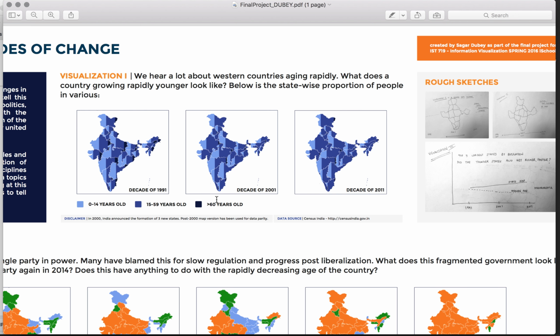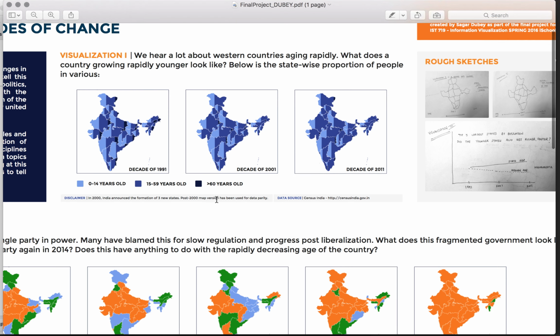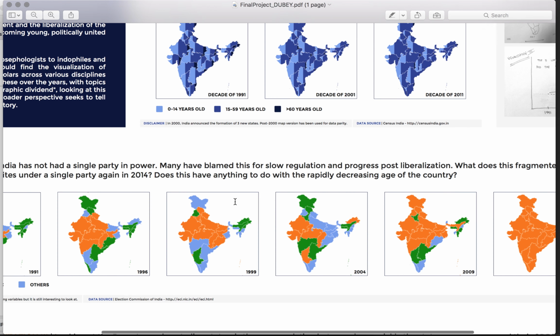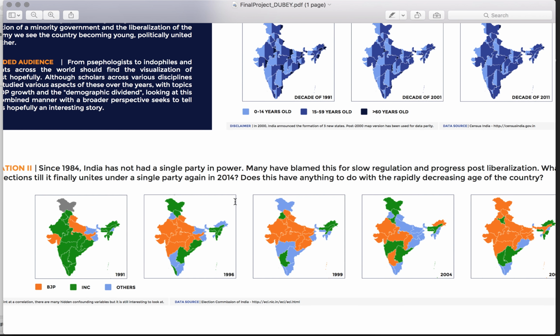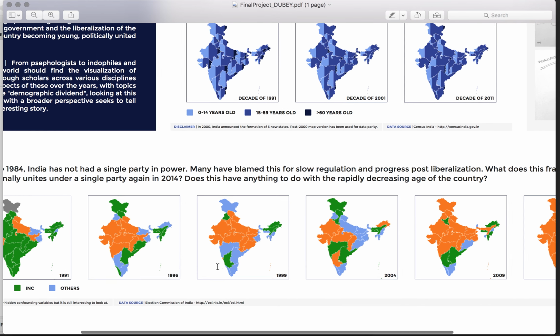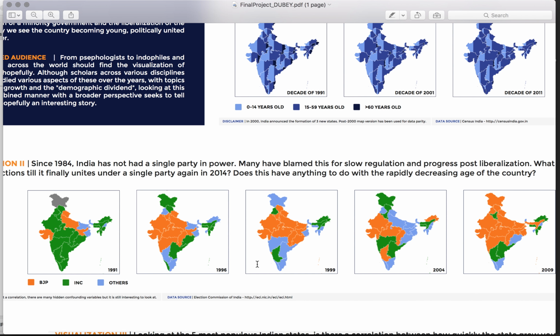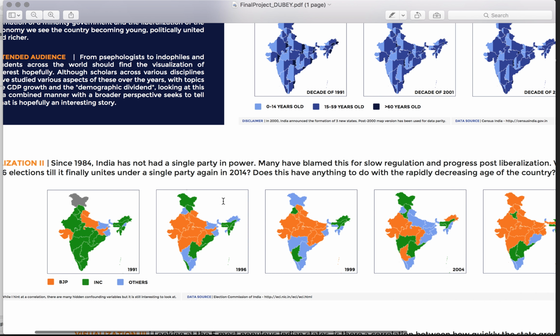This means that no single party had command of the parliament, and thus regulatory issues were subject to immense hurdles. Through this visualization, I have attempted to show what it looked like between 1991 and 2014 as these elections went by, and how there is a possible correlation with the age of the country.